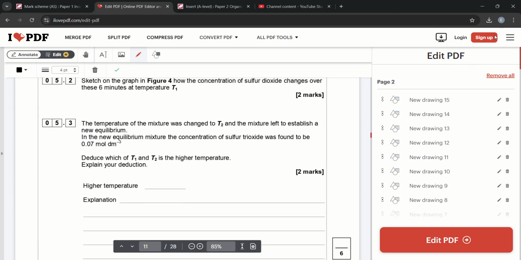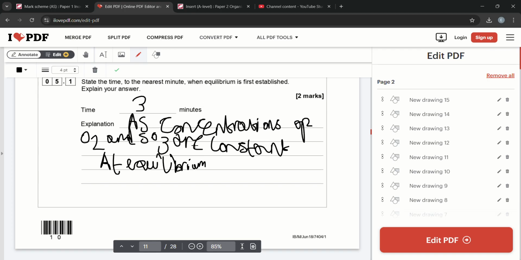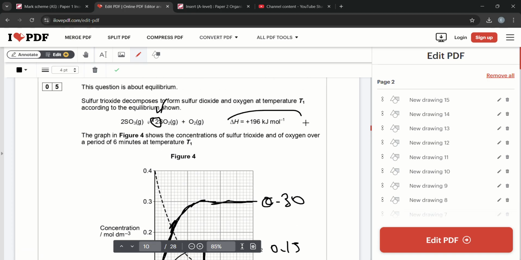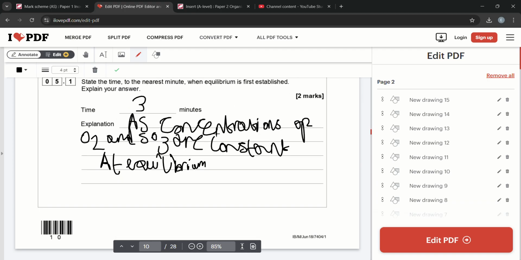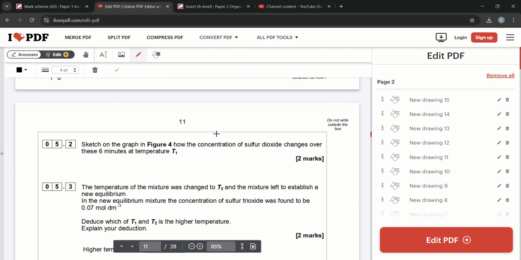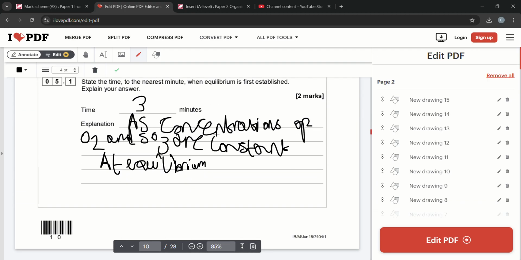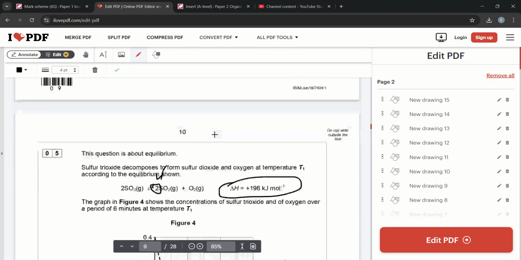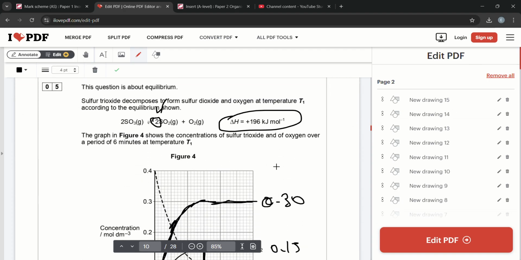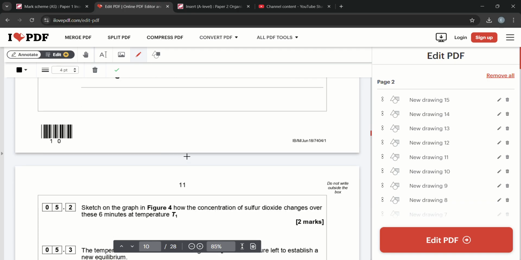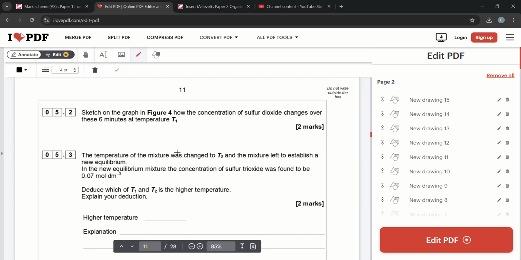Then 5.3. Delta H is positive, that tells me the forward reaction is endothermic. And we know in the question that the temperature was changed to T2, and the mixture was left to establish a new equilibrium.